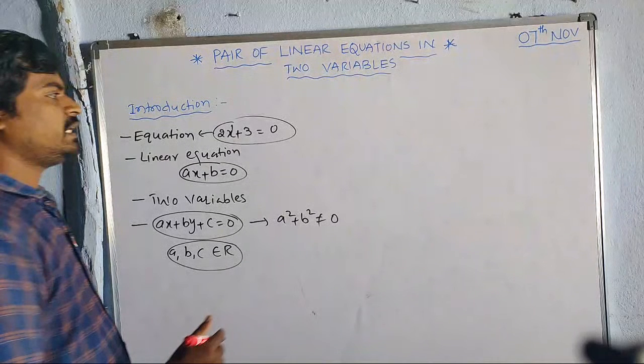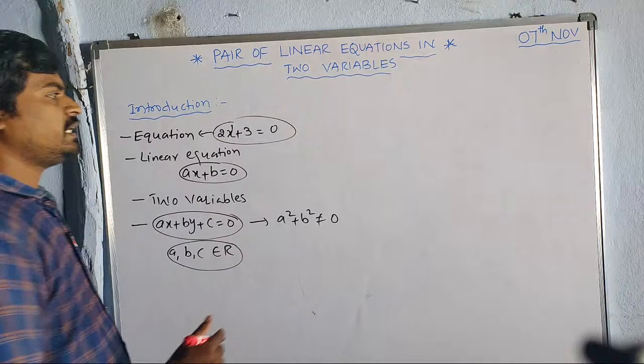Okay friends, the question is to find out whether the lines represented by this pair of linear equations intersect at a point, or are parallel, or coincident, which means dependent. So we have to verify which type of lines these two equations give in graphical representation.